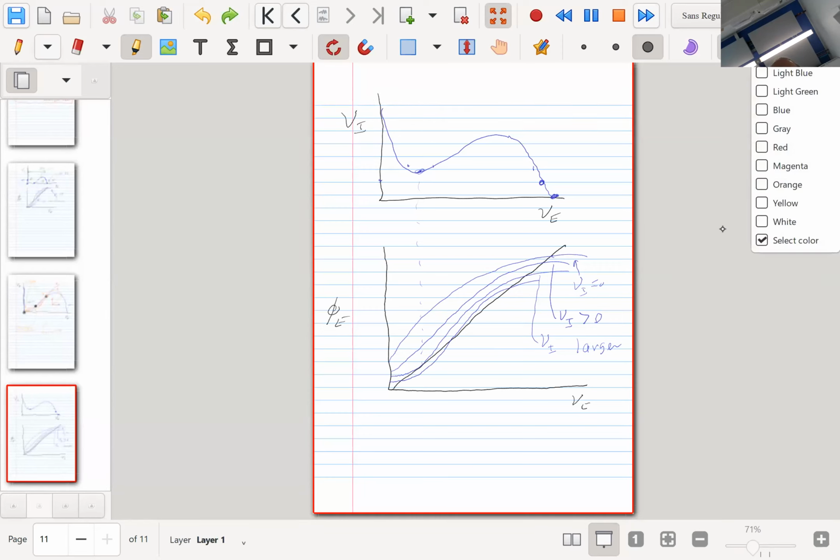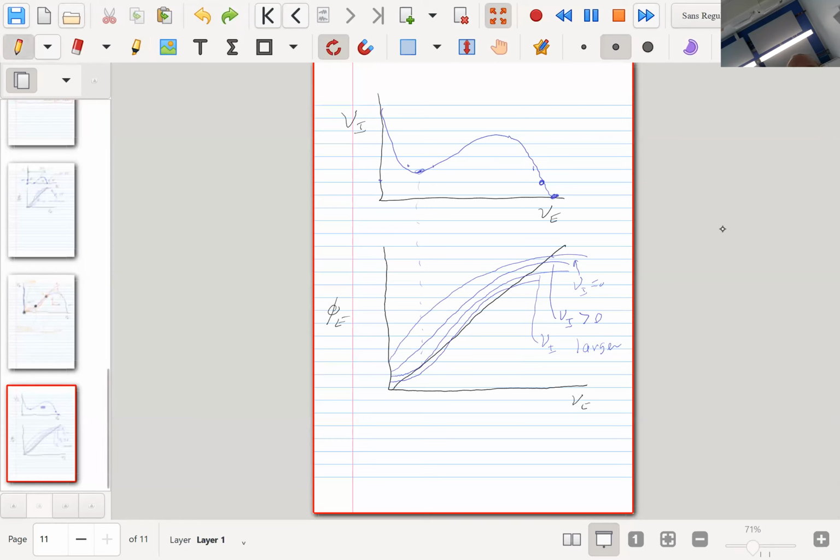And again, the arrows are to the right here and to the left here. Okay, and now we can just take this picture and add in the inhibitory nullcline, which now has some shape.